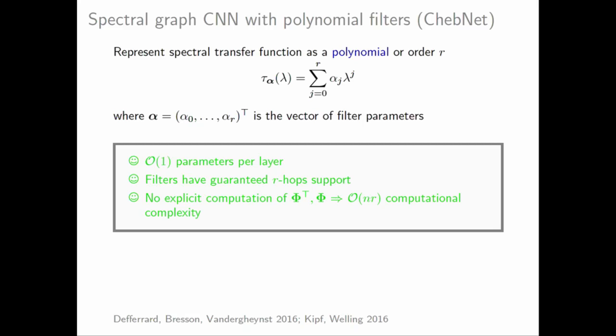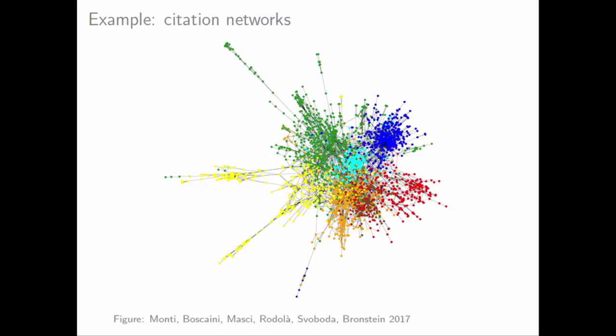We can apply this function to the Laplacian itself by just taking powers of the Laplacian. So there is no expensive eigendecomposition of the Laplacian, and no expensive explicit computation of the Fourier transform. And if our graph is sparsely connected, meaning that the Laplacian contains only order of n non-zeros in each row and column, the cost of this operation is order of n.